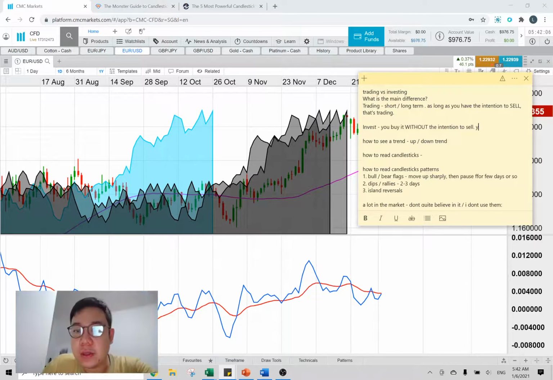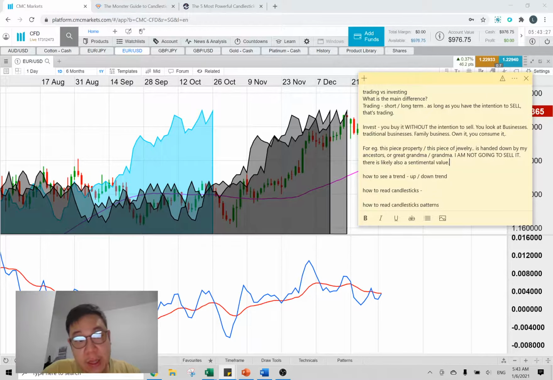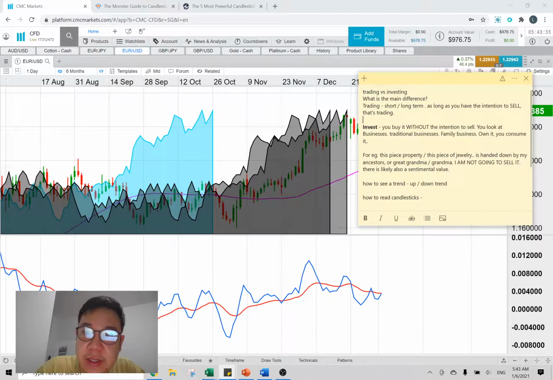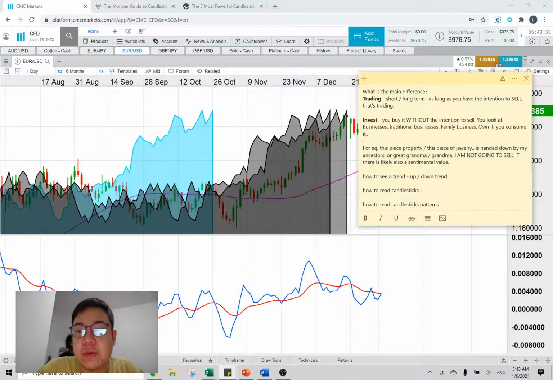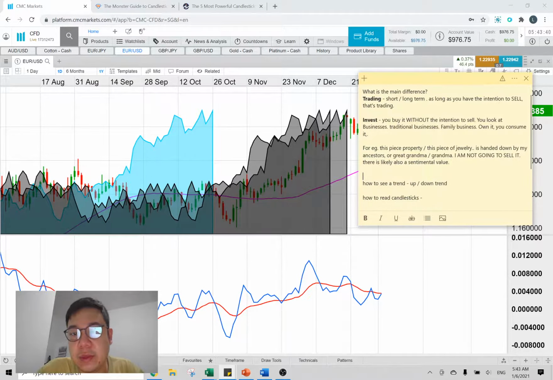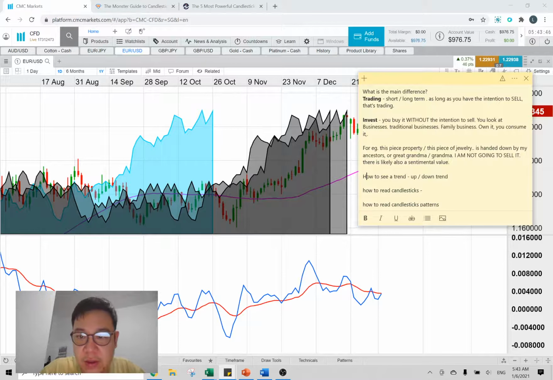There is likely also a sentimental value. So with that in mind, this is what you call investing in something. That's the biggest difference between investing and trading. But in the market, a lot of people just talk about investing in this, investing in that. Just play along with them. But that's the real key difference.